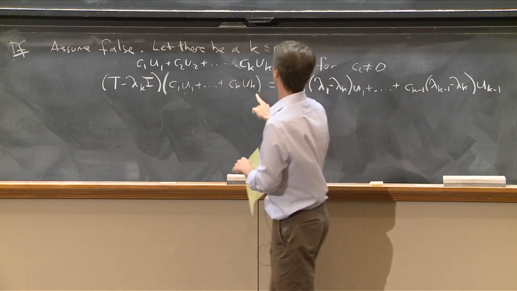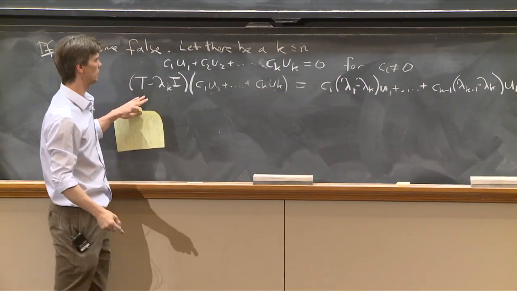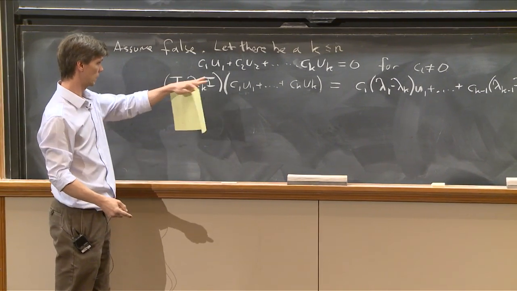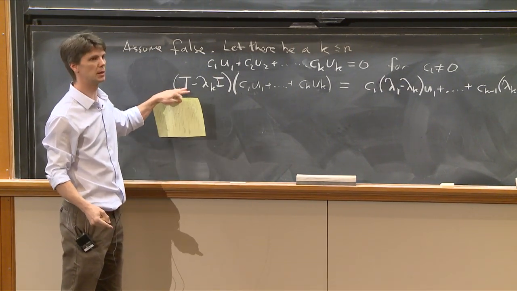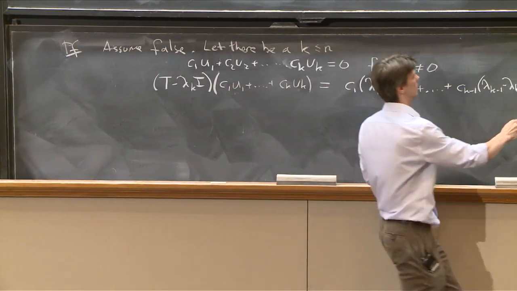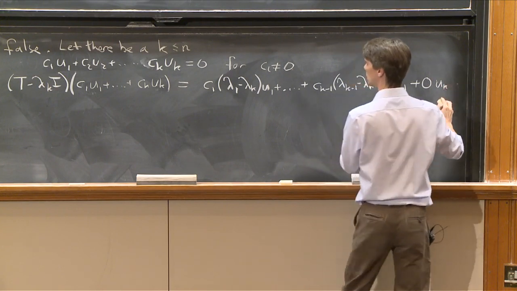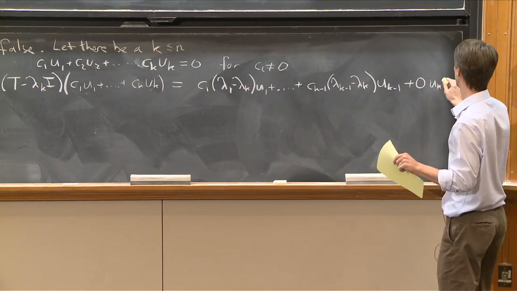And then when we act on this last one, the eigenvalue corresponding to that eigenvector is lambda k. So that last term gets killed, so we get plus 0 lots of uk, and we know this is still 0.